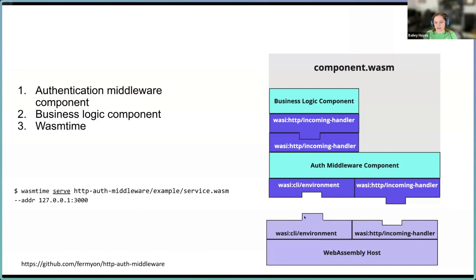Exports are these little nubbins going up like a Lego brick. That's an export, and then the component itself imports that. In this case, the component is importing wasi-cli environment, and the host is exporting wasi-cli environment. And so that's how it's able to slot in.